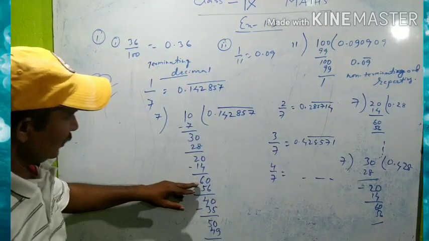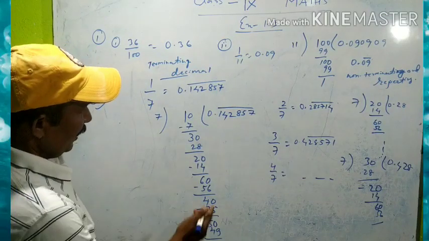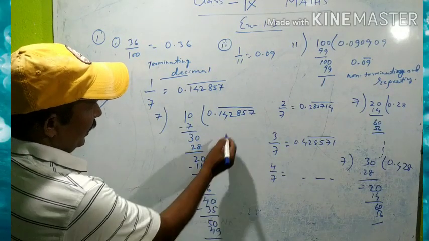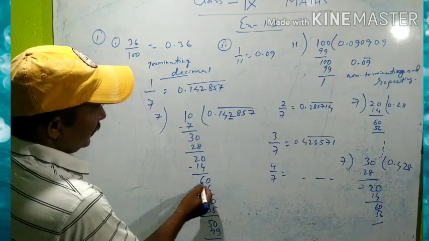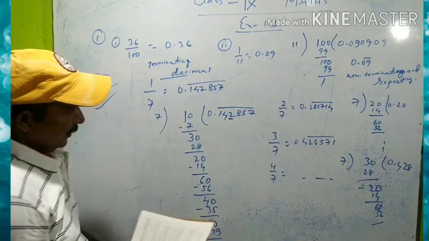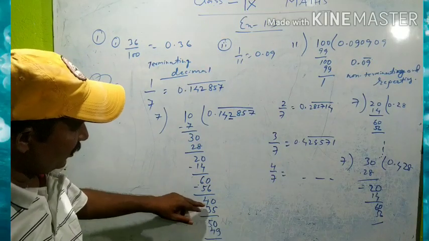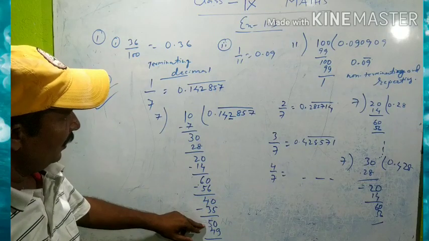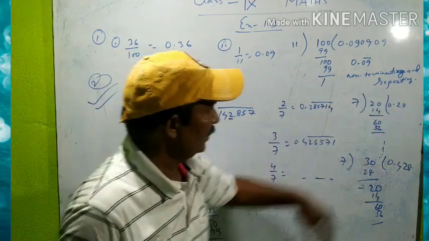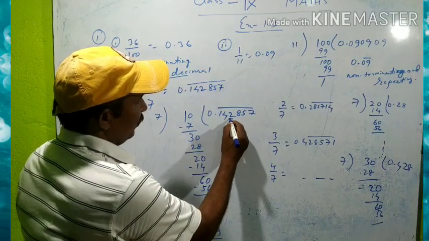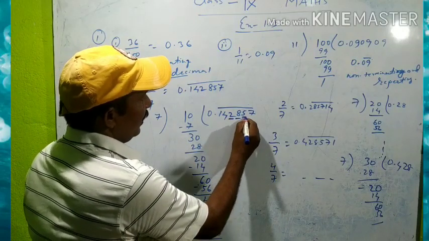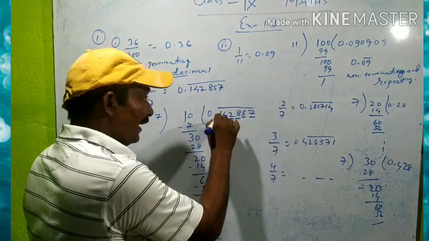Then the remainder is 4, then the remainder is 5. That means it will start from here now: 2, 8, 5, 7. Then again 1 will be coming.